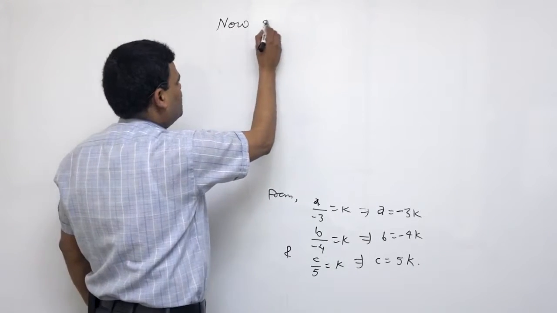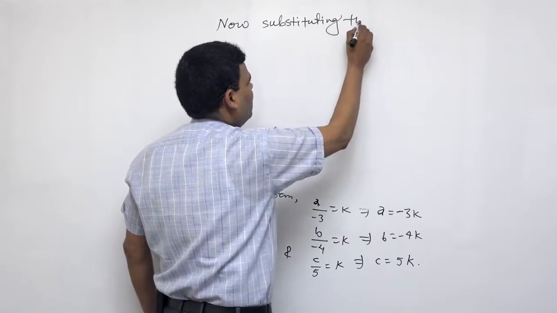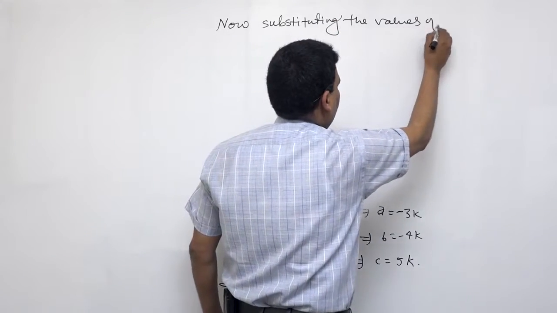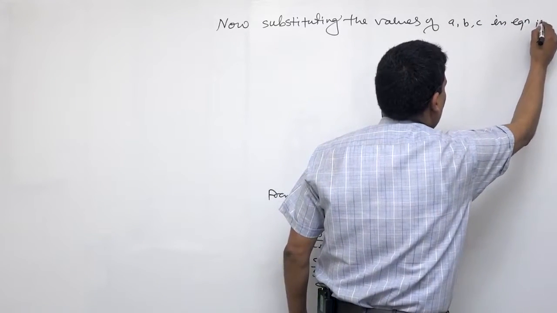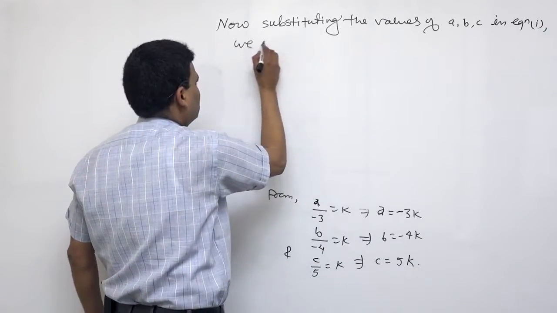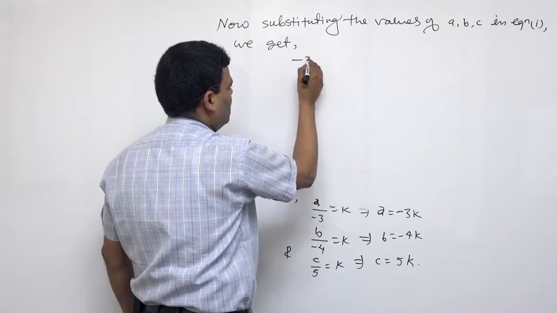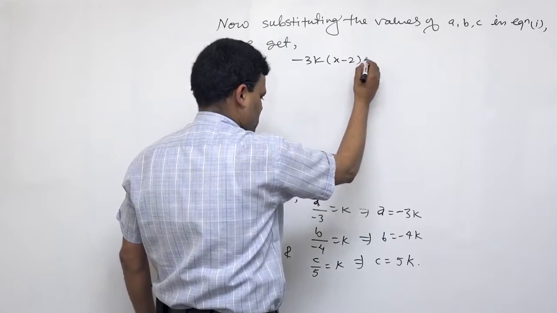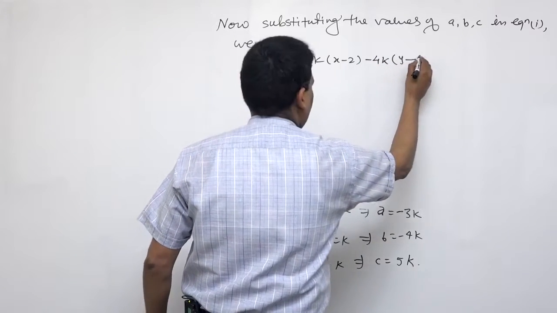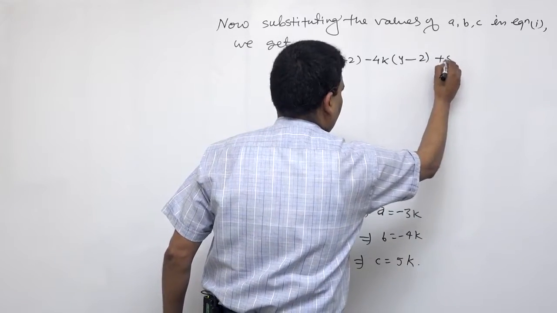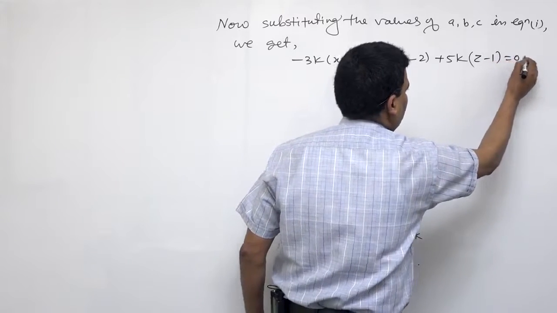Now substituting the values of a, b, c in equation 1, we get minus 3k into (x minus 2) minus 4k into (y minus 2) plus 5k into (z minus 1) equals 0.